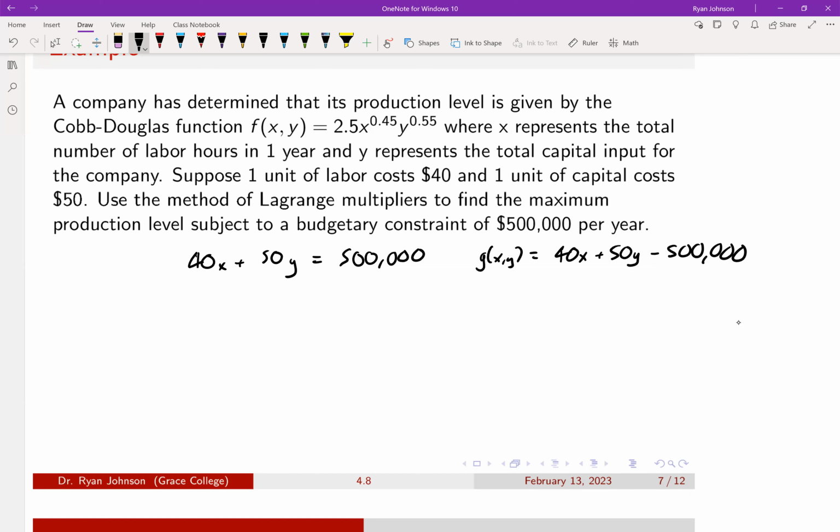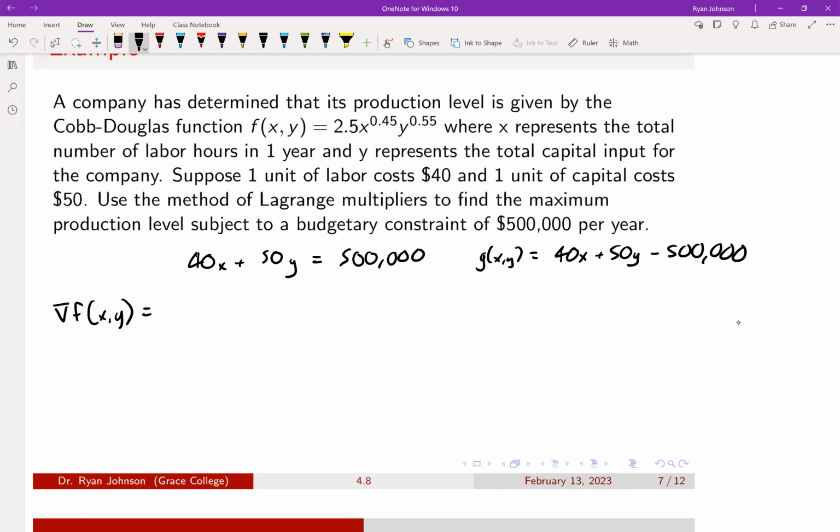Okay, well, let's see. That means we need to compute the gradient of f(x,y), and that's going to be, well, when we take our derivative with respect to x, then we get 2.5 times 0.45. So it's basically, if I treat these as fractions, it'll be better.